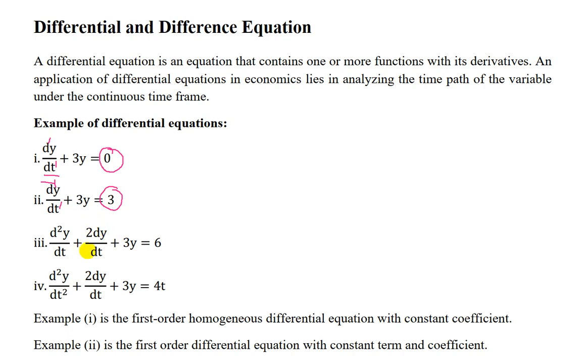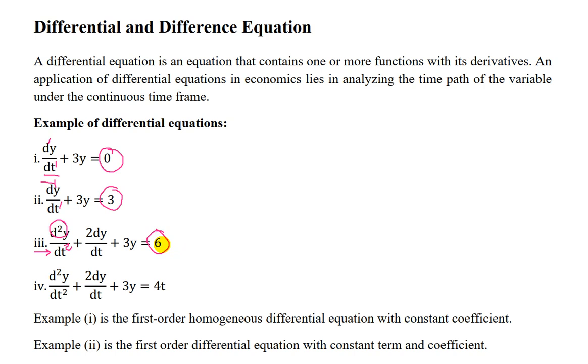In example 3 we have a second order differential equation. It is second order because it contains a second order derivative. And it is not homogeneous because the right hand side is not 0.